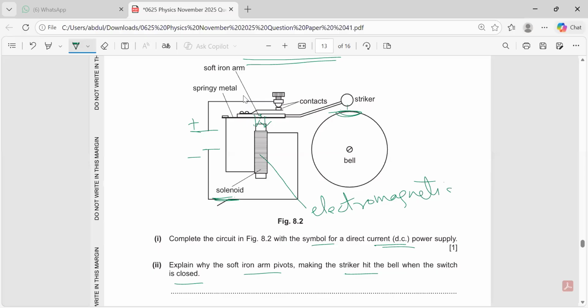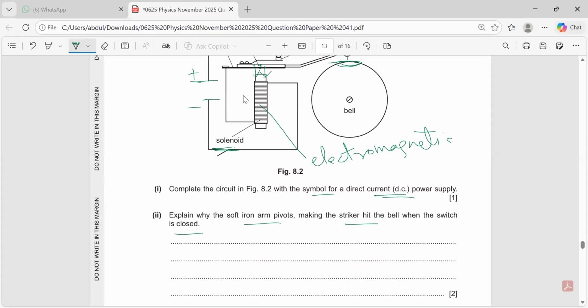Okay, so what I'm going to do now, my dear friends: first of all, as the switch is closed, closed meaning turned on, I'm writing it here even. As the switch is closed or turned on, current flows through the electromagnet, or you can say solenoid.